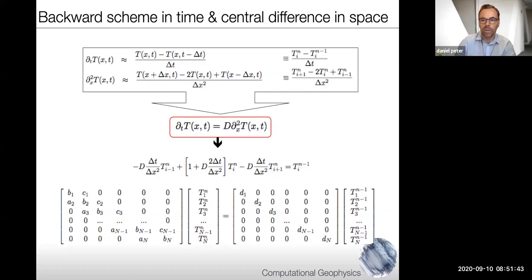It's one way of solving such an implicit scheme. So you can do this as well, and then see, for example, what's the difference between an explicit scheme and an implicit scheme. So what's happening if you choose different time steps, for example?